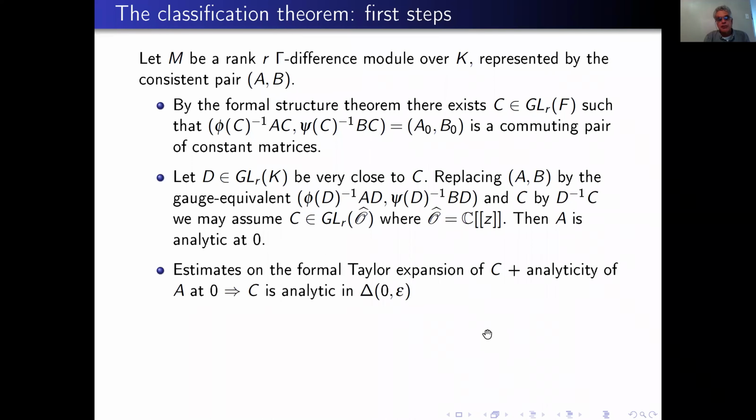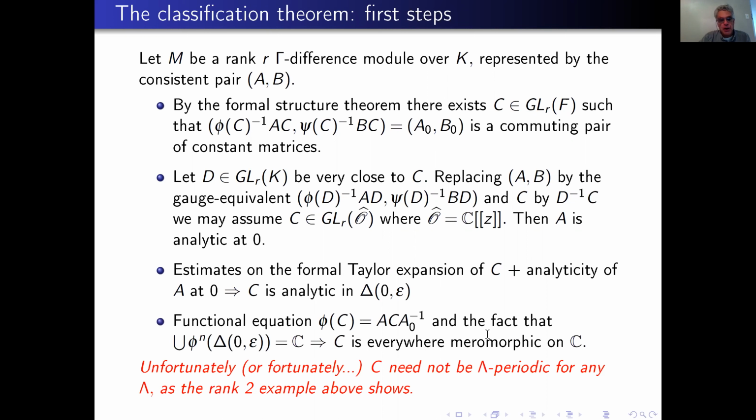And then, as in the rational case, estimates on the formal Taylor expansion of C plus the analyticity of A at zero show you that this matrix C that we use for the gauge equivalence, that started its life as a matrix of formal power series, is in fact analytic in some open neighborhood of zero.